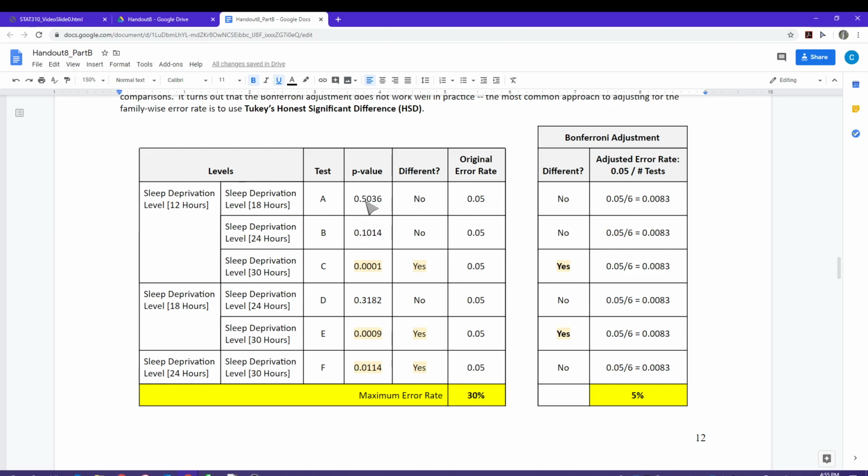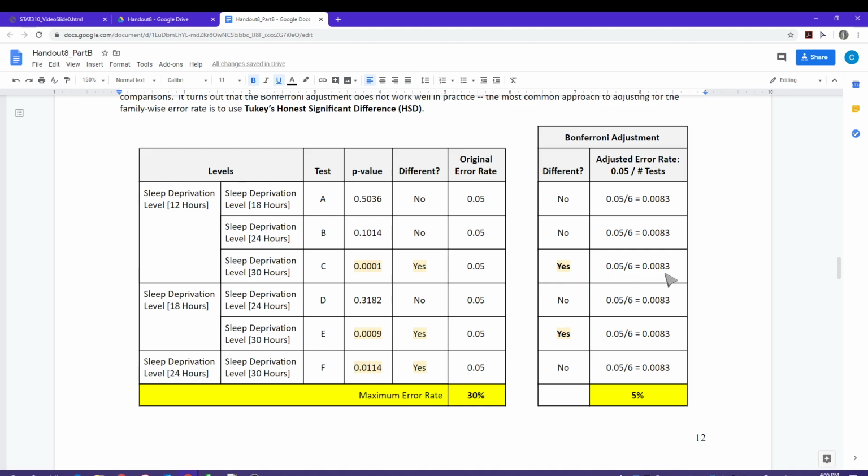So here I would be comparing 0.5036 to 0.0083. Not 0.05, but 0.0083. This p-value for test C, which again is that 12 to 30, that was a pretty substantial difference, and it is still significant using the Bonferroni's Adjustment. So the p-value for that analysis is 0.001.